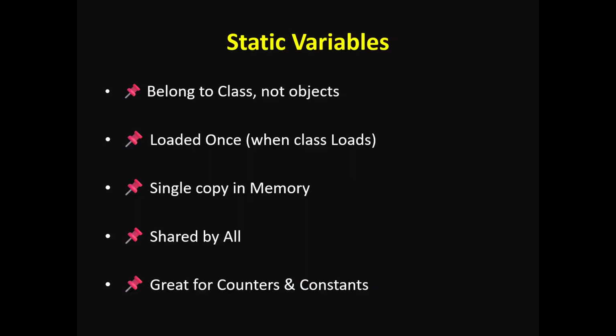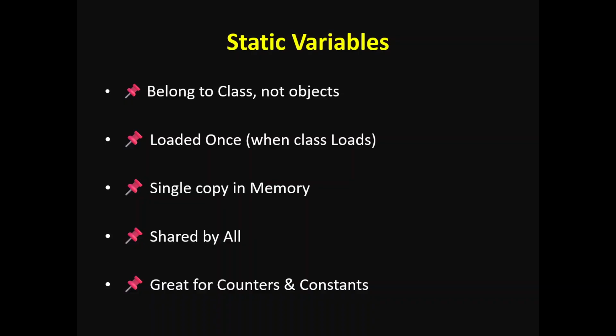So for that we need to create one static variable which should belong to the class itself, and whenever we create an object using the new keyword, that count should get incremented, so that we get the exact count of how many employees or objects are created.